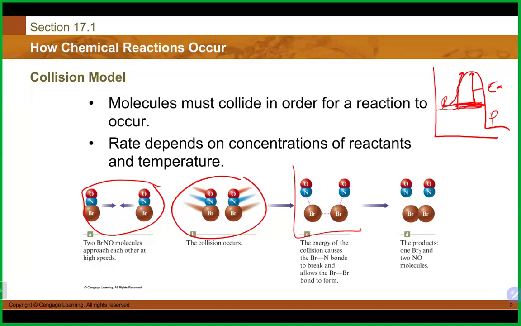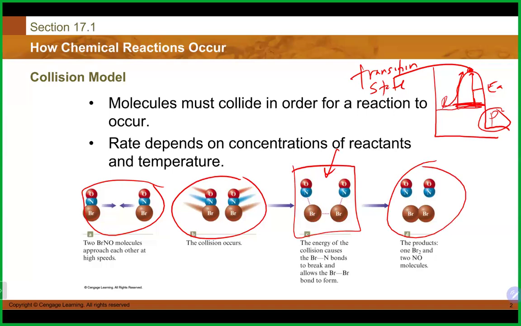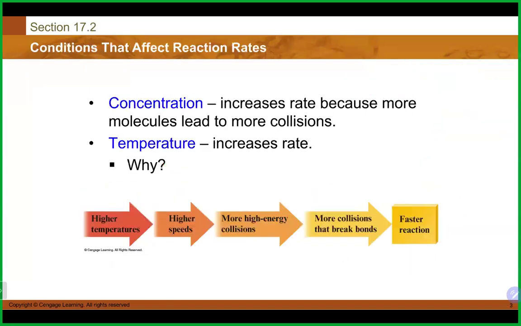They will get to the top of the hill, which is our transition state, if you remember. That is where we got this transition state complex of partially made bonds, partially broken bonds, and then very quickly it will come over the hill to make our products, where we make our new results that are formed. Remember, in a chemical reaction, we just break bonds and make bonds, we don't do anything with the nucleus. So that is the process that happens.